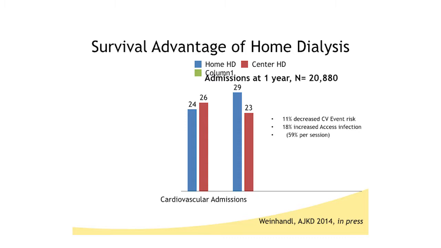The number of admissions for cardiovascular events is reduced by about 11% for home hemodialysis patients versus in-center. However, the number of complications for access or infections is increased by about 18%. So there are fewer cardiovascular events, but more commonly access-related events.